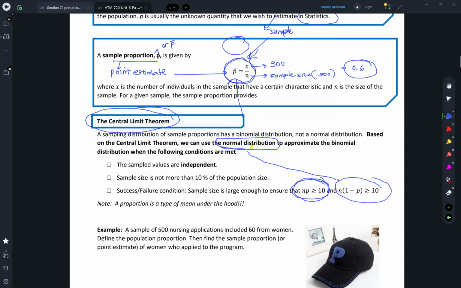There are other conditions too: that the sampled values are independent, and that the sample size is not more than 10% of the population size.